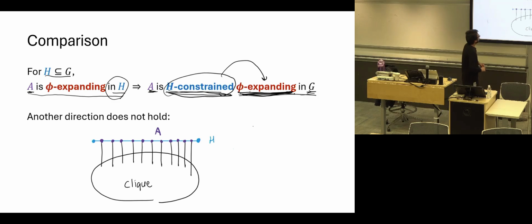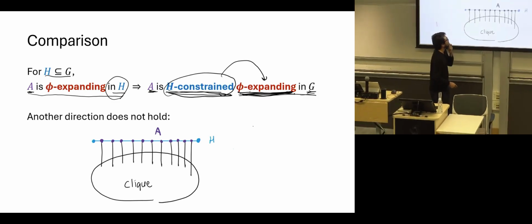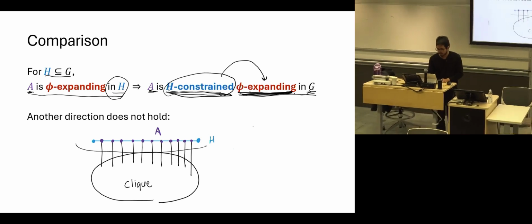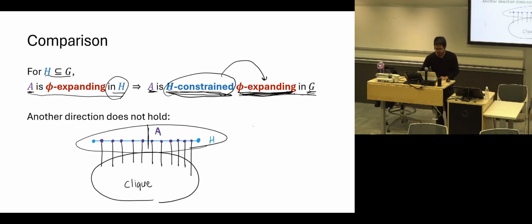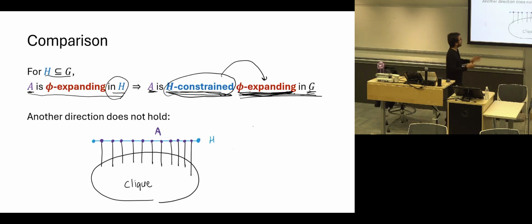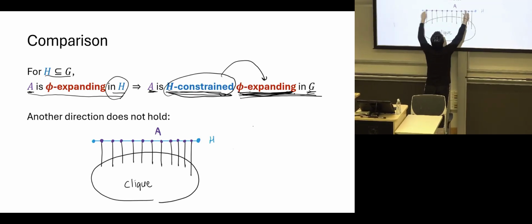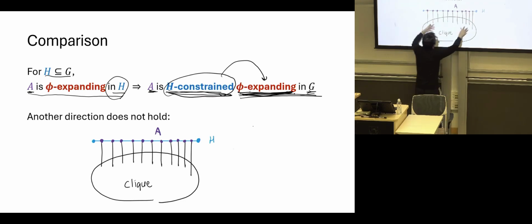Okay, so let's see why the other direction doesn't hold. Here, A is not expanding in H because H here is just a path, and clearly there is a sparse cut at the half of H. But A actually is H-constrained phi expanding in G, because whatever demand on A that is H-constrained, like any demand here, you can just route through the clique.